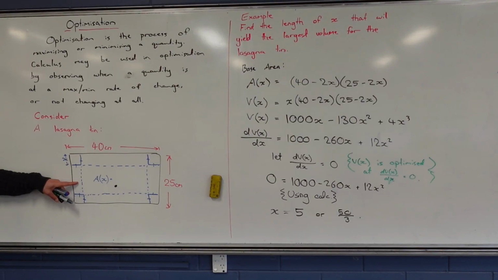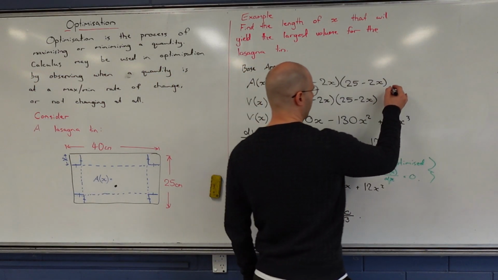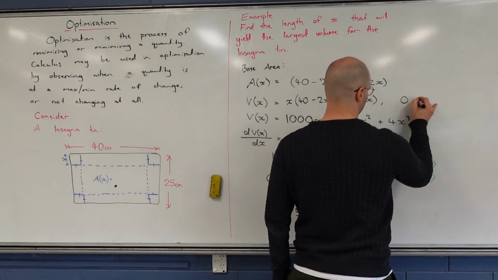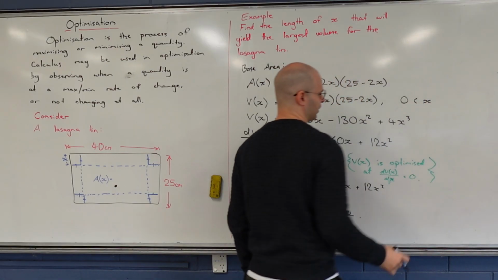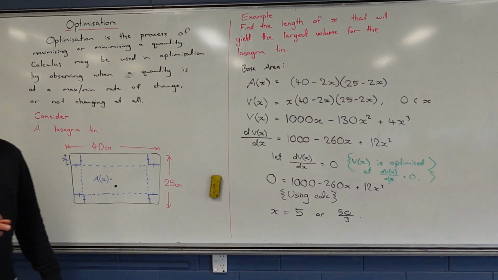What would the domain be? 5 is fine, but what's the minimum value of x you could probably have? What happens if x is negative? No good. So our starting value for x could be 0 is less than x. So we're looking at 0, but we're not including it.